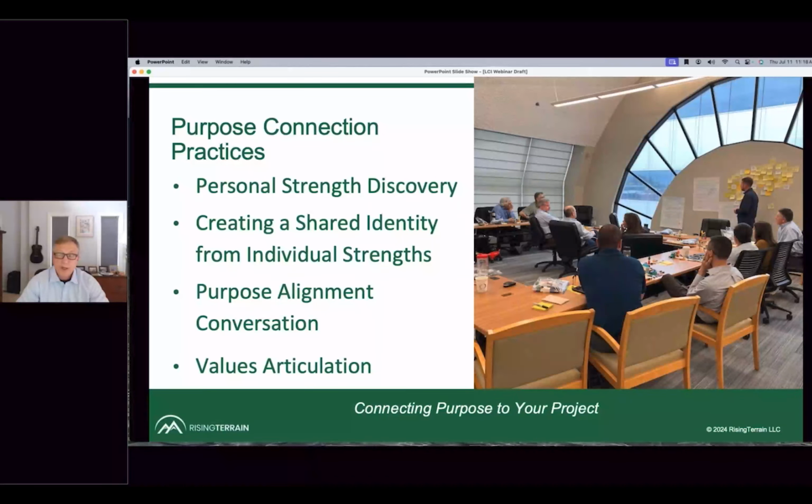From there, we'll move to talking about really how do you have a conversation where you align on a purpose. And this is different than a broader mission statement. Mission statements are good, and oftentimes owner organizations will have mission statements for the project. But in terms of a purpose alignment, we're really talking about what's personally meaningful for the people on your team.